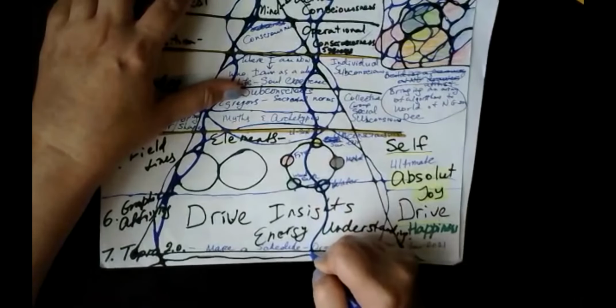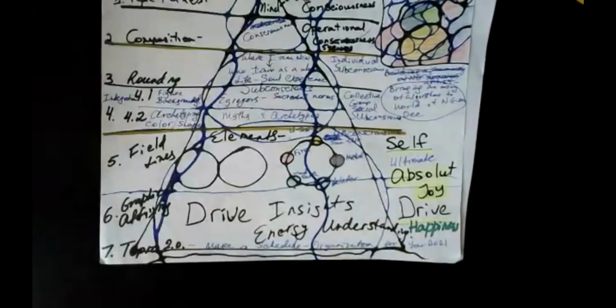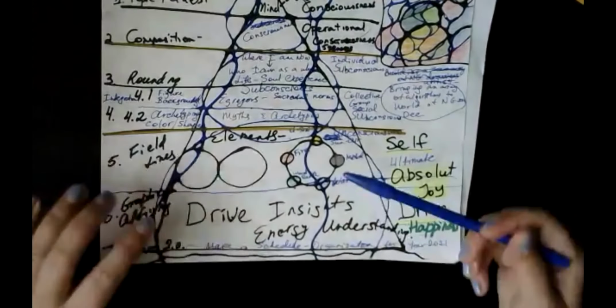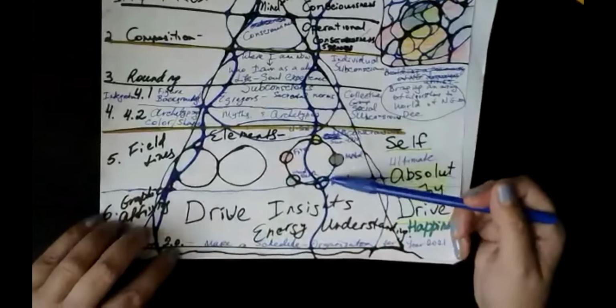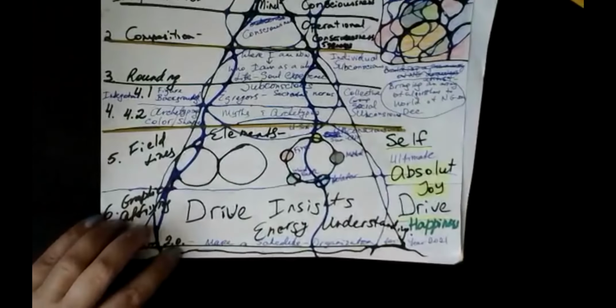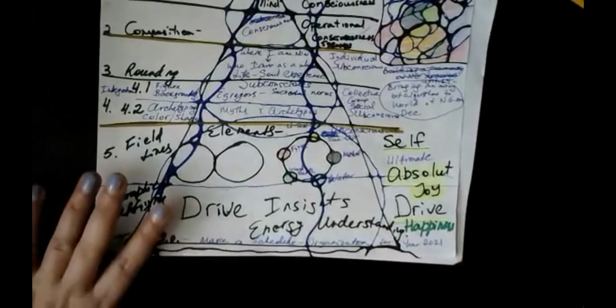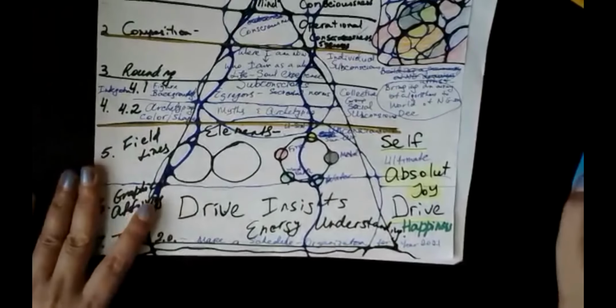This is the basic foundation of the makeup, like a DNA of a human being. So when we draw the field lines, we start bringing in that energy. That's something to keep in mind. It's something I wanted to bring to you.